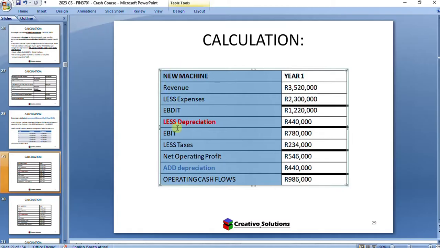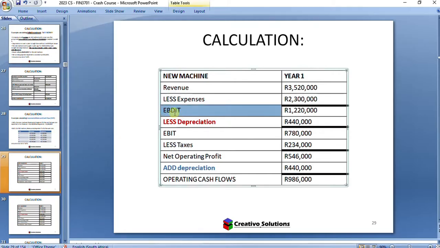Okay, those headings, depending on the complexity of the question, sometimes they might give you this, and then you've got to work out from this point onwards. So from there, okay, all the way down to the bottom. Sometimes they might even give you this, and then you just need to add the depreciation. Right, it all depends. Okay, I don't know where they'll give you information, but this is the template, this is the format. Okay, this is actually accounting.